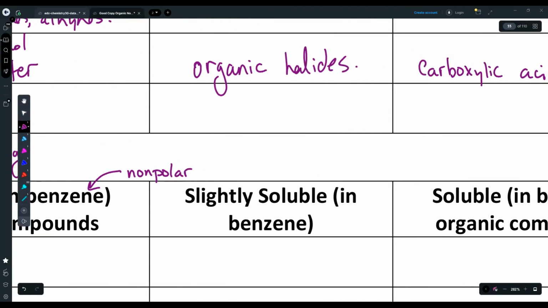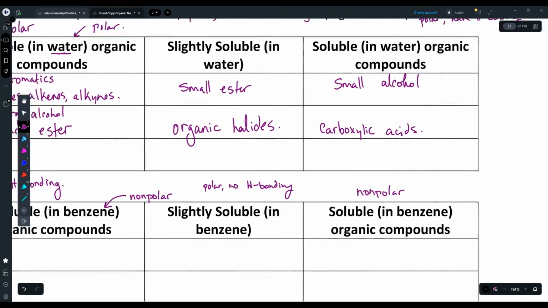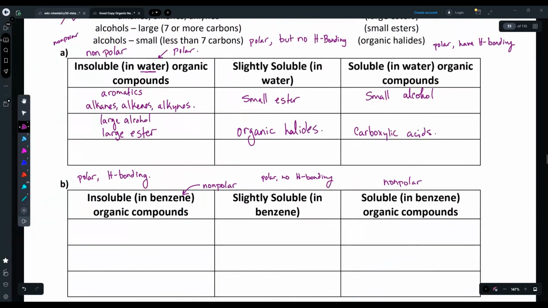Slightly soluble in benzene will be a polar substance but no hydrogen bonding. And then soluble in benzene will be your nonpolar substances. Essentially, this table is going to be like the flipped version of our initial table.